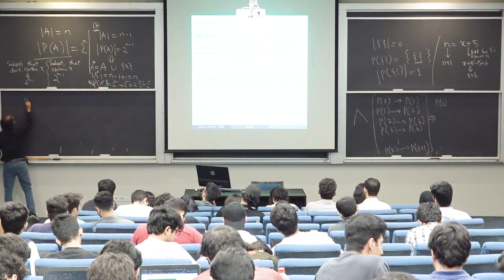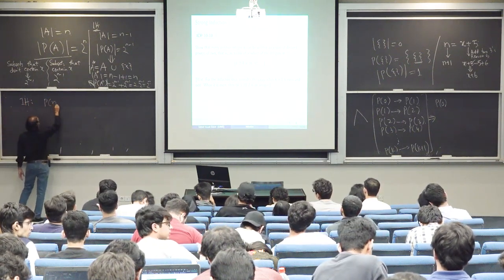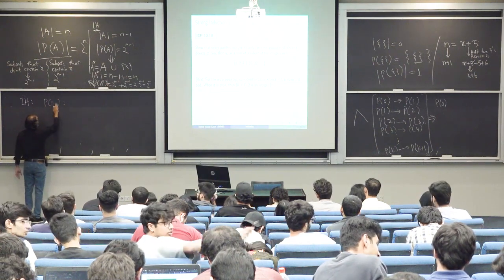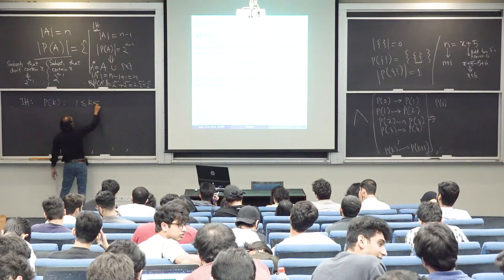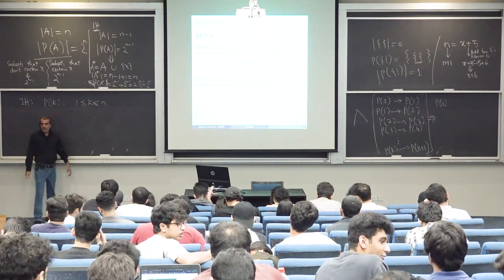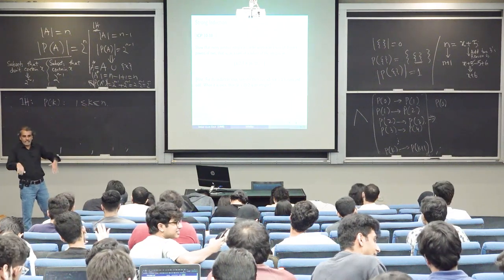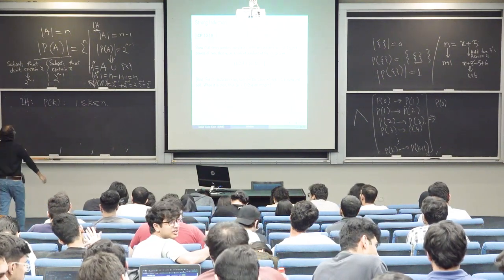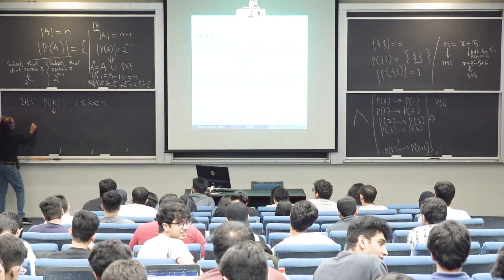So the inductive hypothesis says that Pk is true for all k between 1 and n. We are going to apply strong induction, right? So it's true for all previous values of k, including k minus 1, k minus 2, and so on. Based on this, we have to imply Pk plus 1.